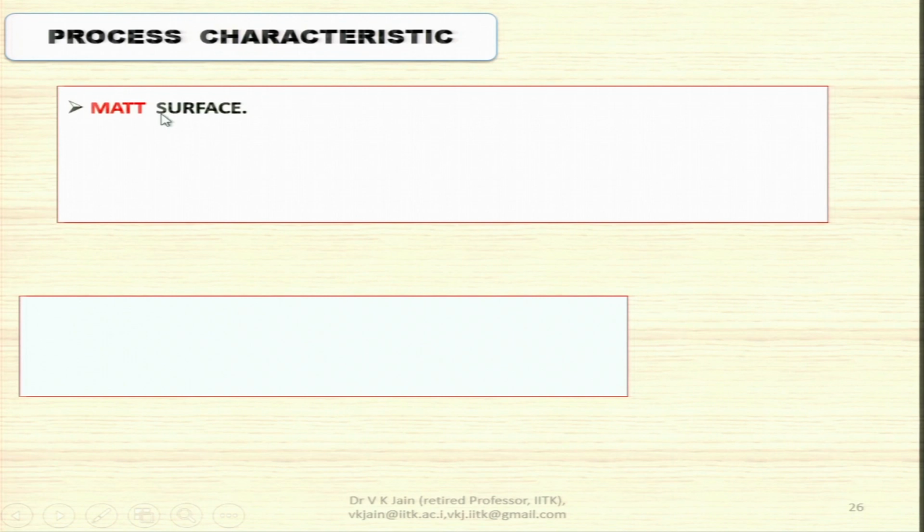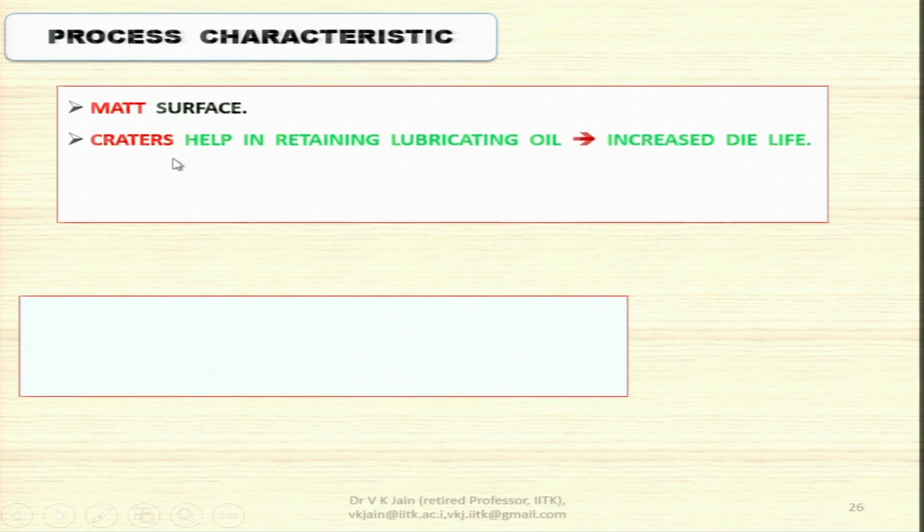The surface you are going to get by wire EDM is known as matte surface. Craters are formed. Craters help in retaining lubricating oil. If the component is having friction, then you are going to oil it, and that oil can be retained by the crater formed by the wire EDM process.